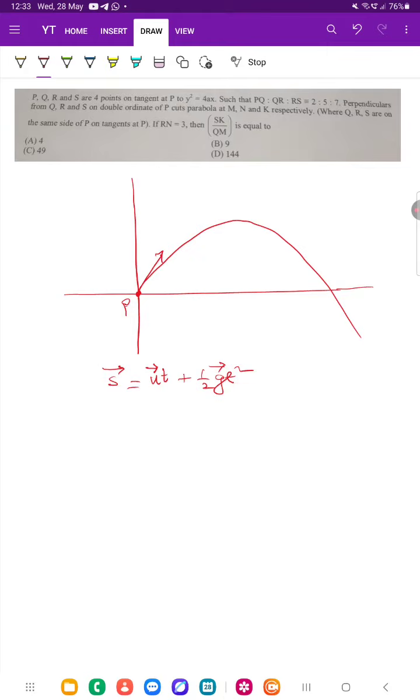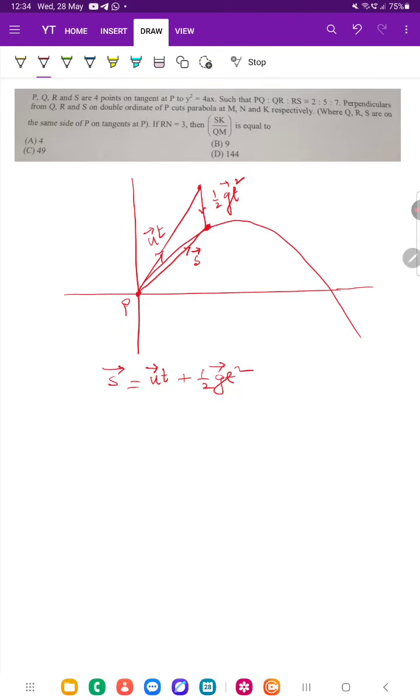After some time t has elapsed, the particle is somewhere here. This will be the S vector, this one will be the ut vector in the direction of u, and this will be half gt square vertically downward. I have added ut plus half gt square using the triangle law and got the S vector.